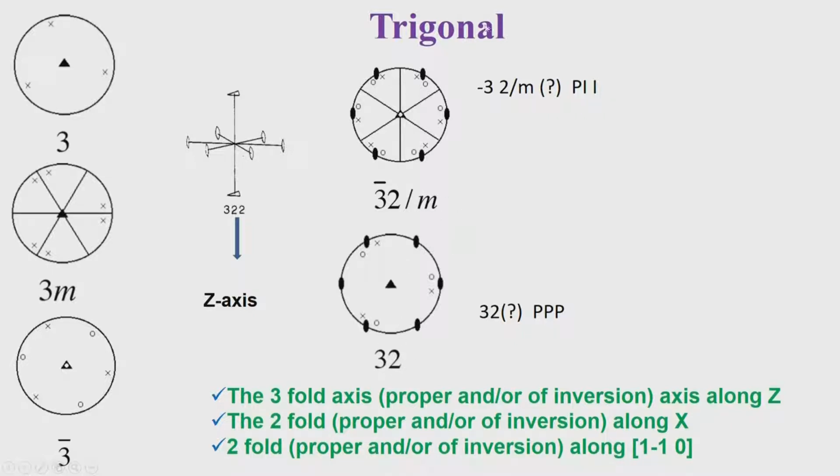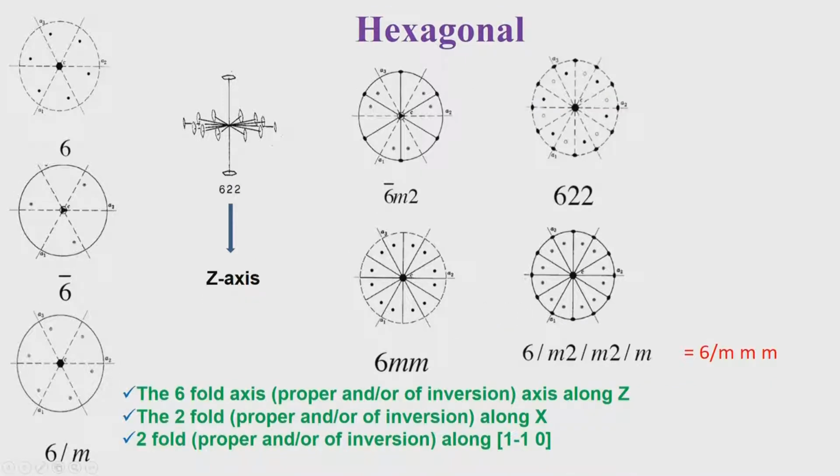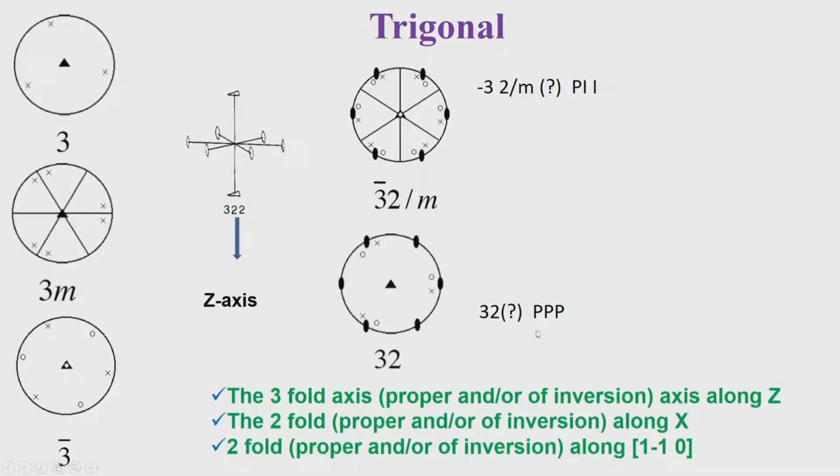I am just writing a question mark here and saying that it is a proper improper or proper by improper or improper by proper, whatever that is. I want you to find out what could be the symmetry in the third direction given this nomenclature. Similarly, in the case of 3 2, it is probably easier because I have already written proper. So, that will tell us the issue associated with 3 2 2.